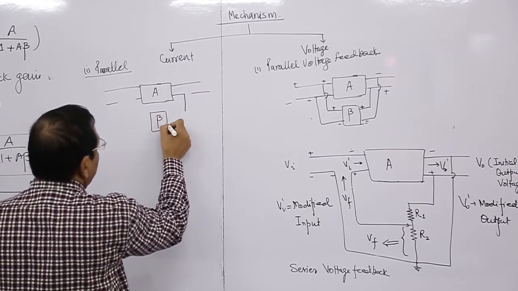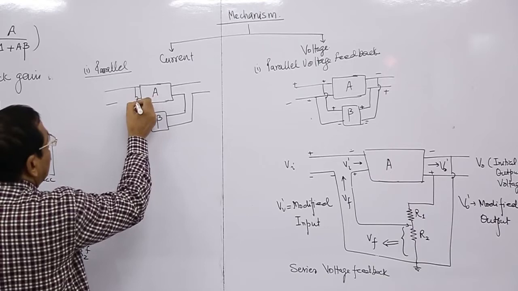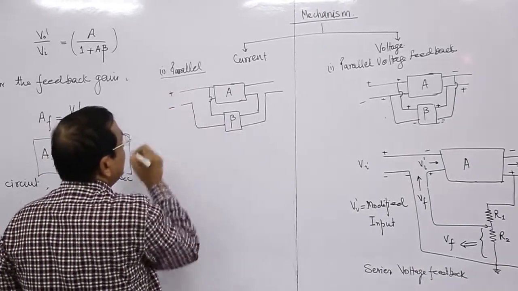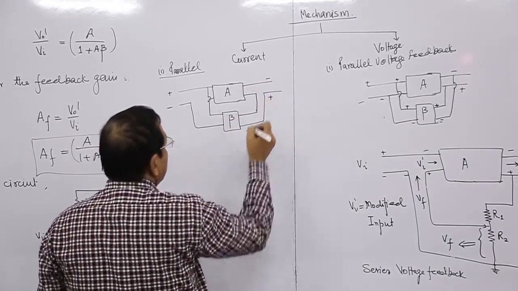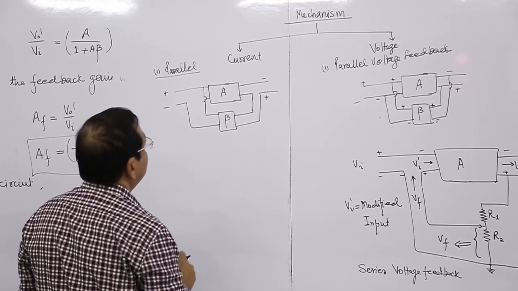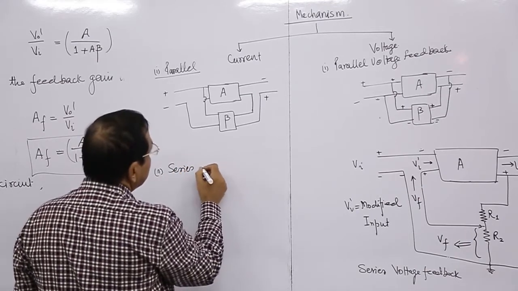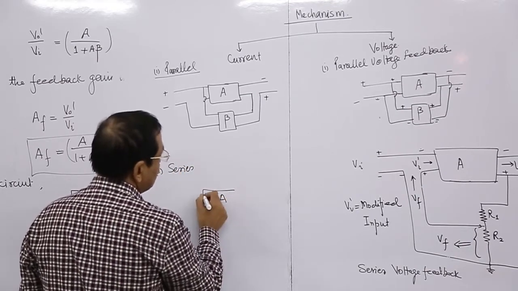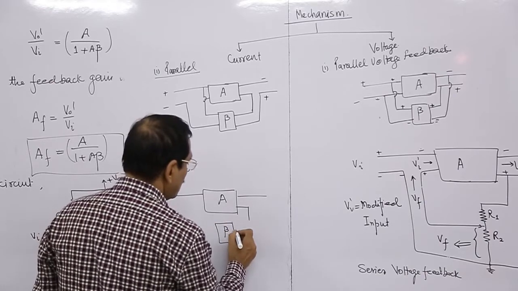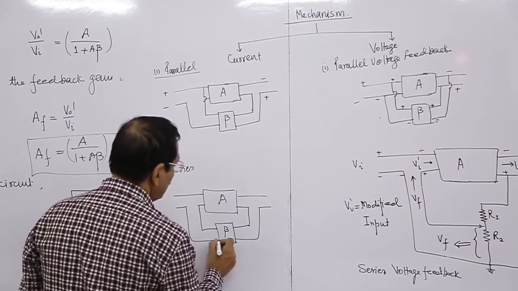This is the feedback network, and here it is given current, and this current is given as plus minus, this is minus, that is plus. And this one is series.